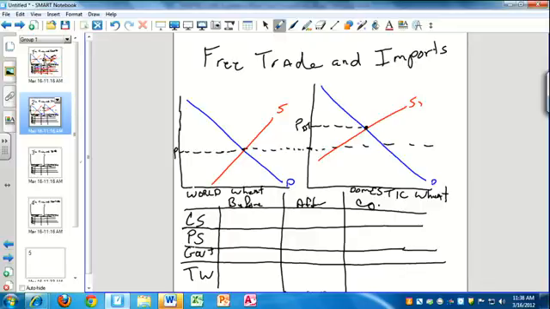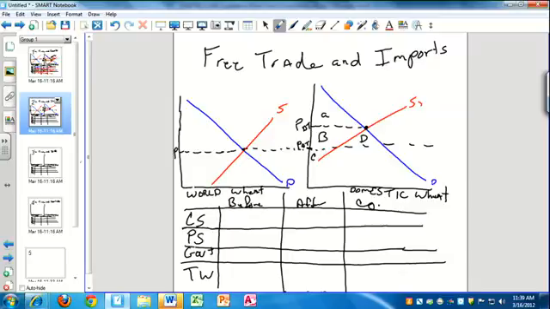This is the price after trade. And if I label this A, B, C, D. Okay. So what's happening here?